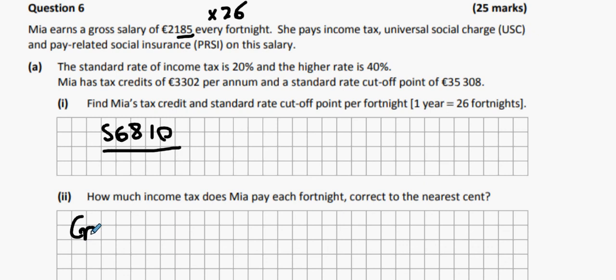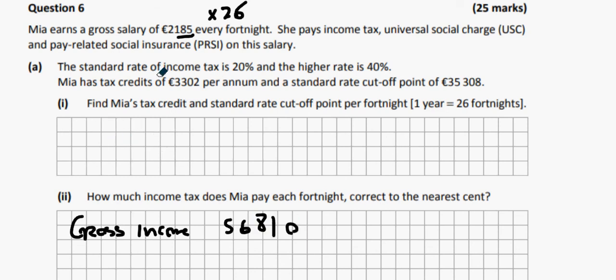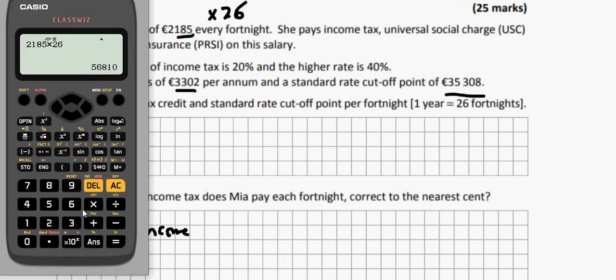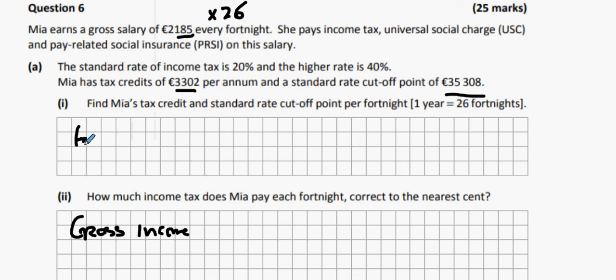That's just us jumping the gun, really. Gross income is 56,810. So I'm actually answering the wrong one. Oh, it's done per fortnight. Oh, so annoying. Alright, never mind. My fault. I have to divide this by 26 and that by 26. That makes sense? So we have to divide 3302 by 26. And that's 127 for the tax credits.